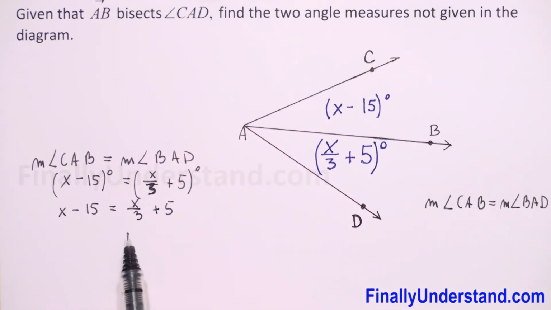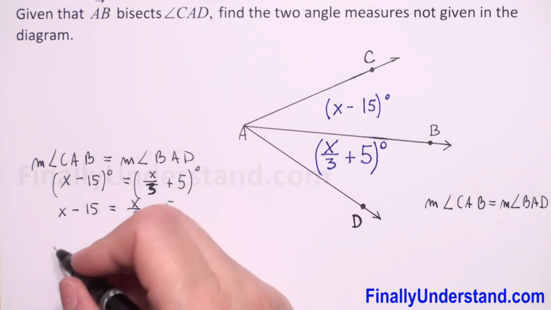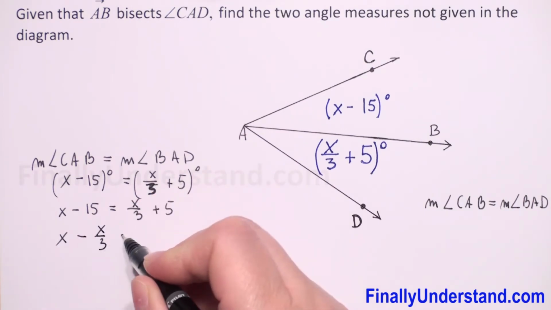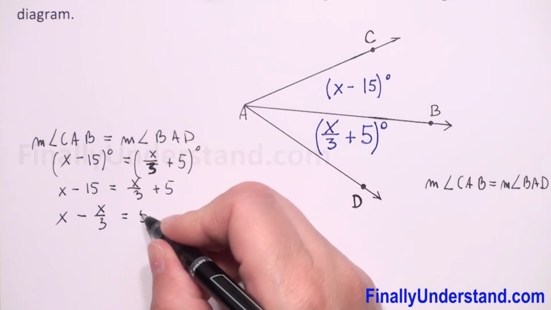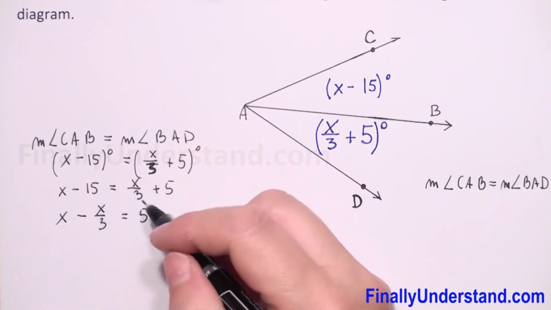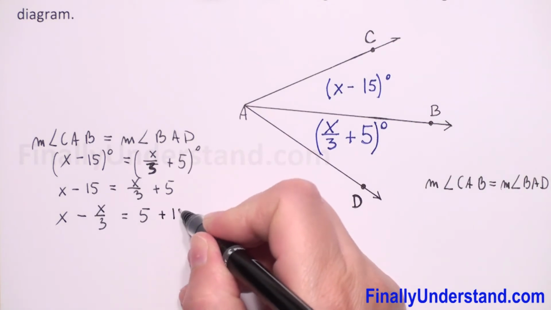I will move the expression with x to the left side and without x to the right side. So we have x minus x over 3 is equal to, on the right side, 5, and I will move negative 15 to the right side, so it will be plus 15.